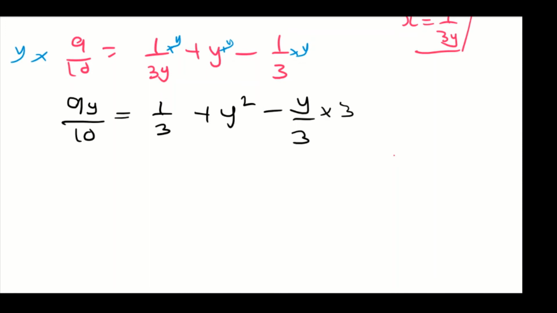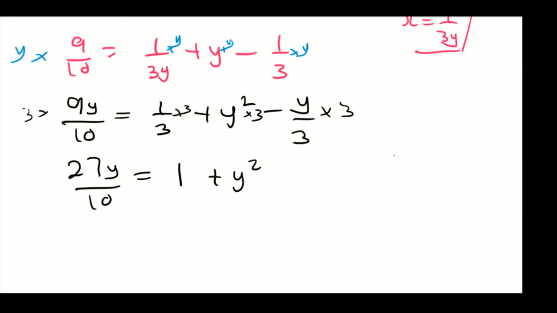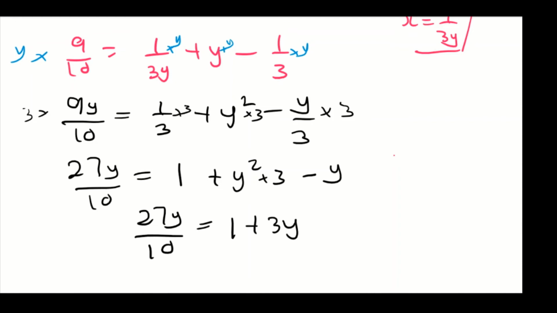So you're going to have 27y over 10 equals 1 plus y squared multiplied by 3, minus y. If you write it properly, 27y over 10 equals 1 plus 3y squared minus y, right?